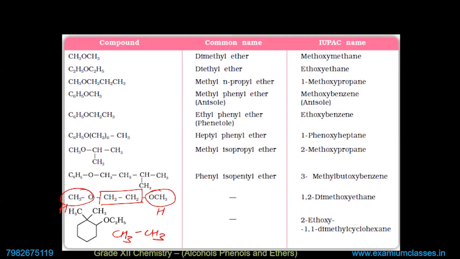In many cases, to understand what the root chain is, you will have to replace the substituent groups by hydrogen. This is a good way to find out the root chain. At a few places, it will help you. So if you replace these two by hydrogen, this is ethane. So that's why the root chain will be ethane. And these are methoxy groups at the first and second position. That's why 1,2-dimethoxyethane.